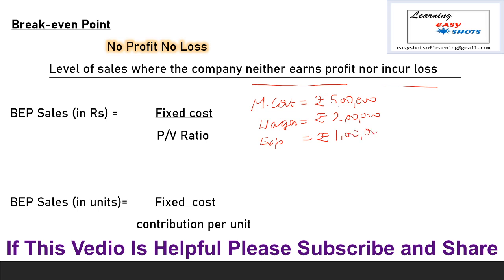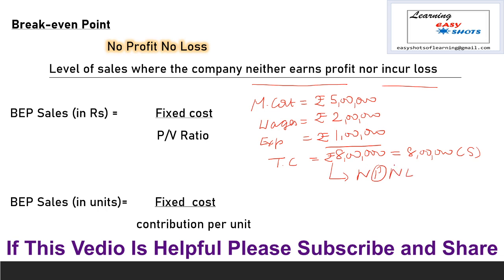So the total cost of the company is rupees 8 lakh. Now, if the company's total sales is also rupees 8 lakh, it means at this level of sales, the company neither earns profit nor incurs loss.